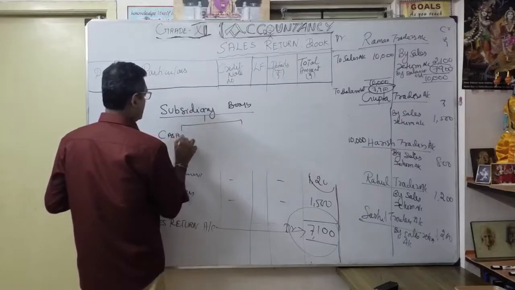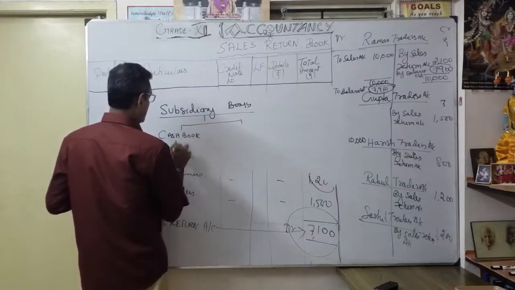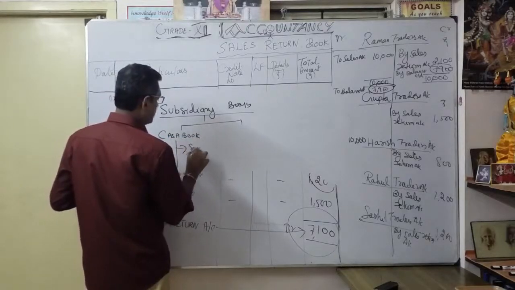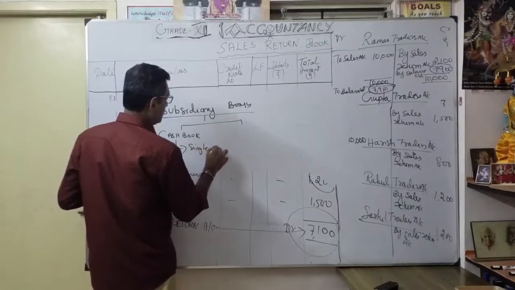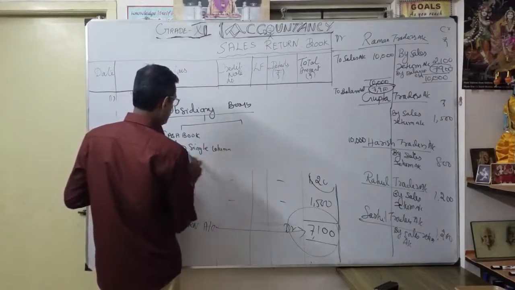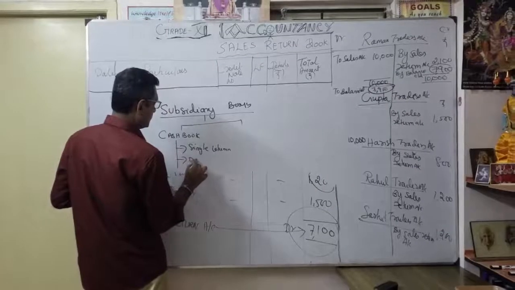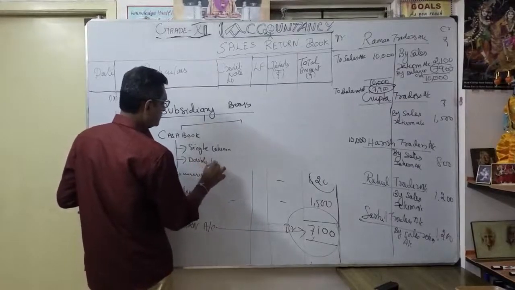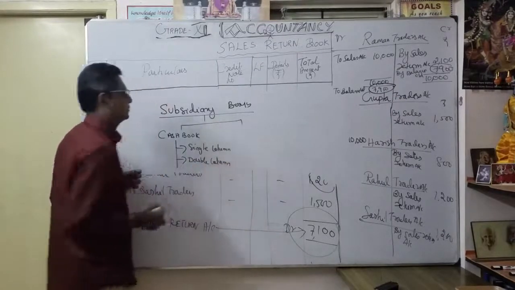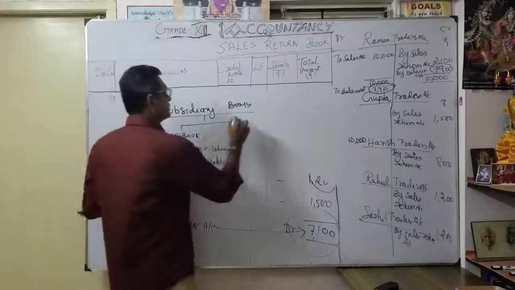Under the cash book, we know the single column cash book, then the double column cash book.